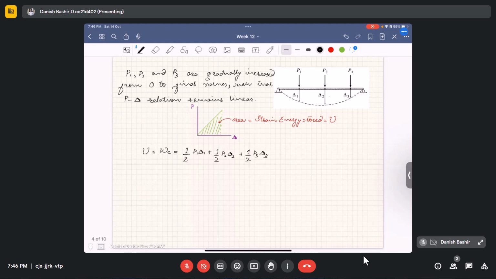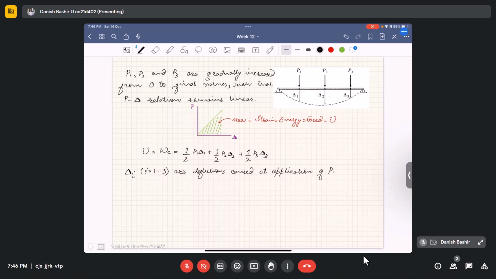Delta i, with i going from 1 to 3, are deflections caused at application of Pi.